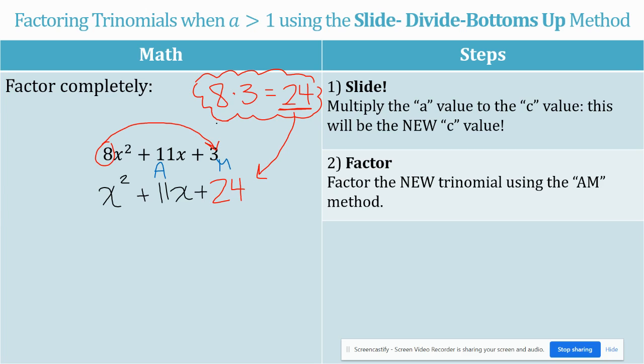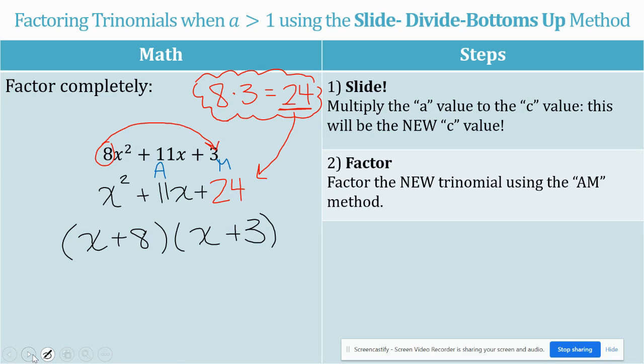I know that that's what we were dealing with up here, but that's not always going to happen. Sometimes it's going to be different, so make sure you think clearly about what this is asking and how to find those two numbers. So I'm going to separate this into x plus 8 and x plus 3, because 8 times 3 is 24 and 8 plus 3 is 11.